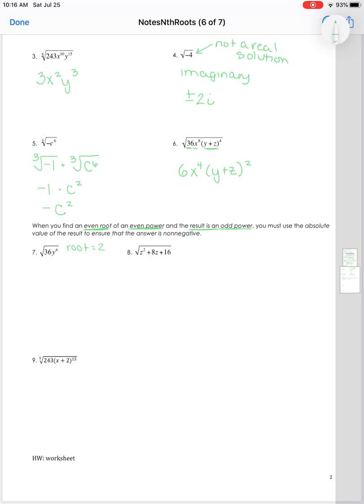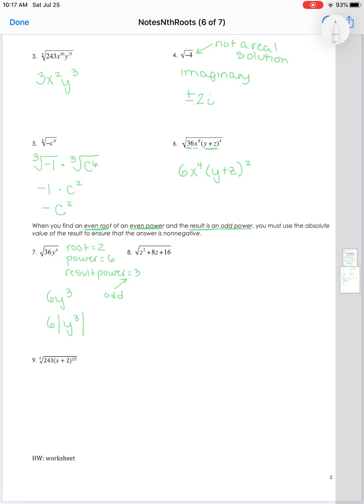Now, the extra extension here says when you find an even root of an even power and the result is an odd power, you must use the absolute value of the result to ensure that the answer is not negative. But this only applies when we have an even root put together with an even power, and your answer is an odd power. So if we're taking the square root of 36y to the 6th, the root is 2, because we're taking the square root.